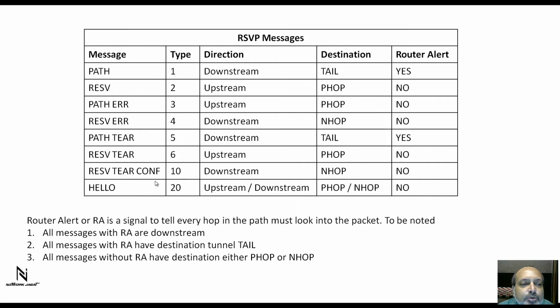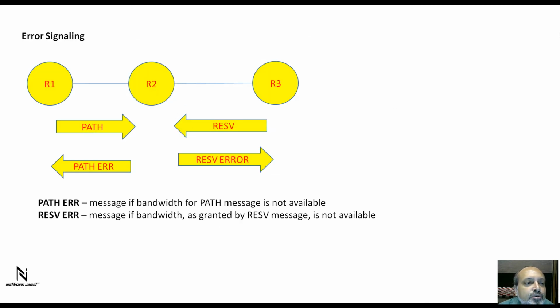Hello message definitely should be there, because if you consider these two routers, they will also be RSVP neighbors. RSVP neighbors should be exchanging hello messages between them. First of all, they should be RSVP neighbors, isn't it? Because if you haven't configured RSVP in the middle router and you have configured RSVP here and here, then how come this path will be created by RSVP?